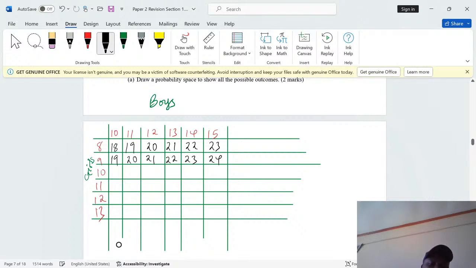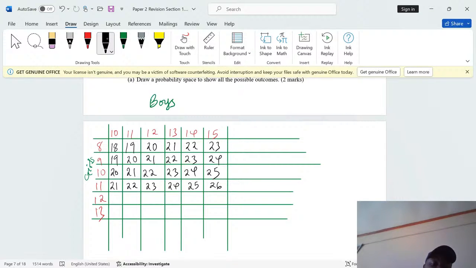In the next row, we're going to have 10 and 10, giving us 20. 10 and 11, giving us 21, 22, 23, 24, 25. Then we'll have 11 and 10, giving us 21, then 22, 23, 24, 25, 26.